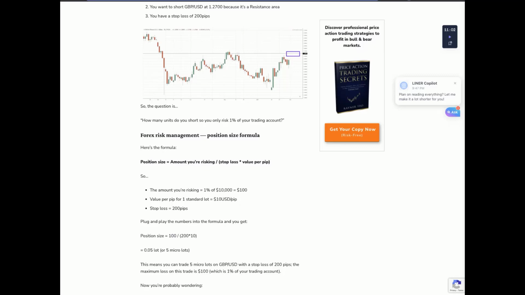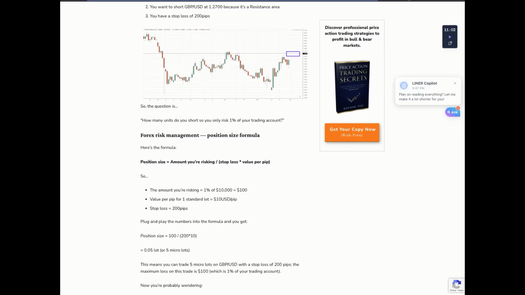times what is the value per pip of a standard lot size? The value per pip of a standard lot size is $10. The value per pip of a mini lot size is $1. And the value per pip of a micro lot size is 10 cents.